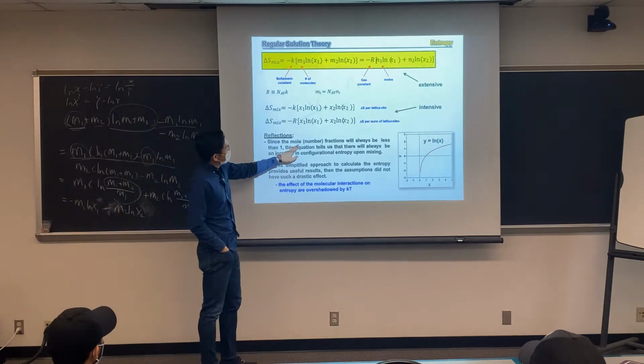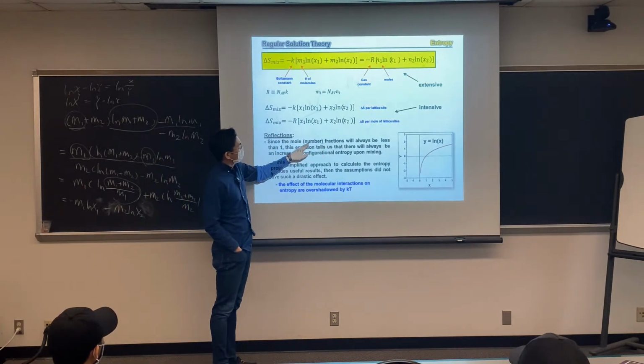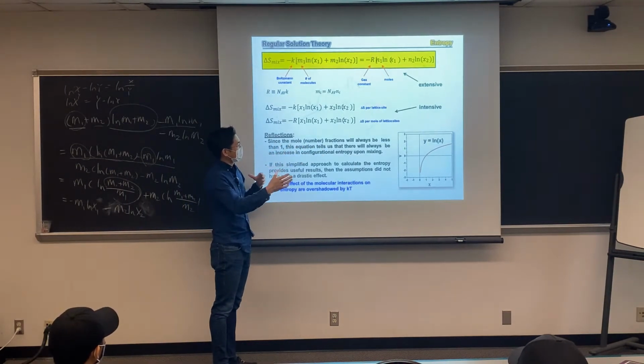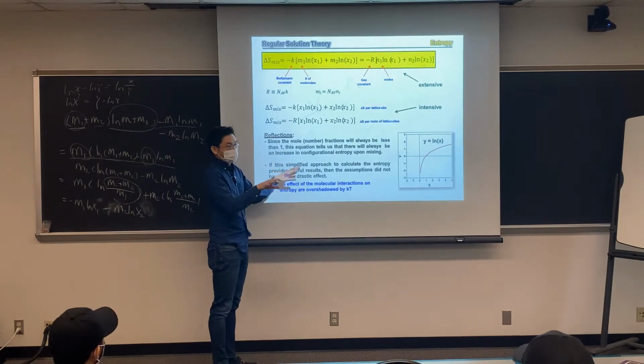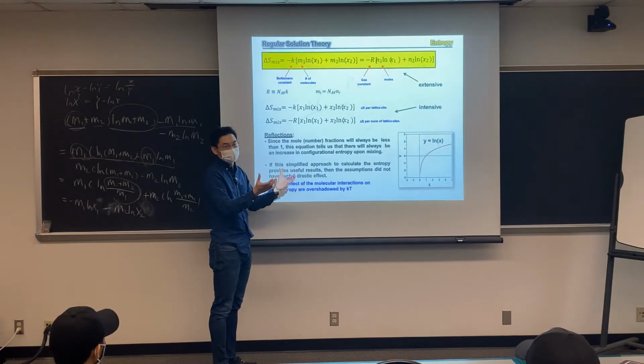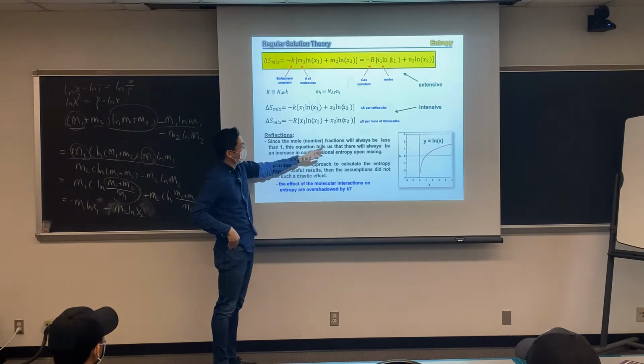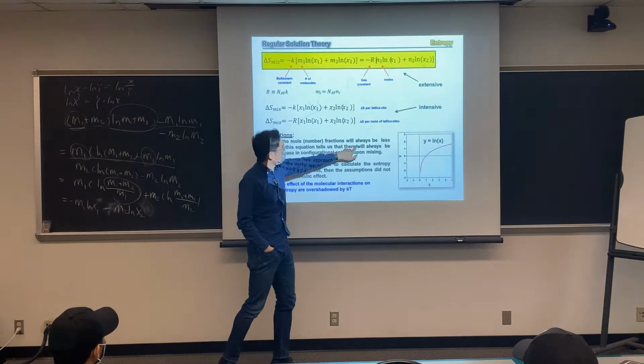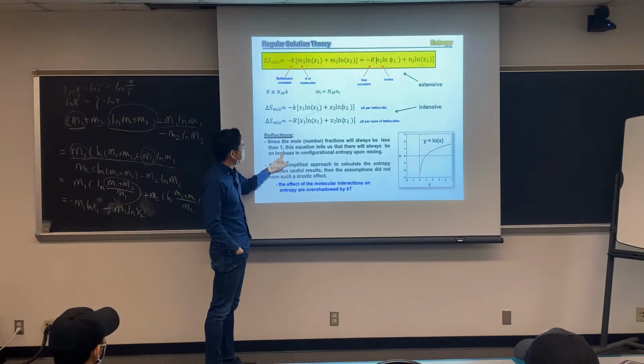Since the mole fraction, or number fraction, is how much A is in B, when you mix A with B, you cannot mix it such that A is larger than 100%. It doesn't make sense. When you mix some red molecules into white, it's always going to be 0% to 100%. It's not going to be over 100%, right? So the mole fraction will always be less than 1.